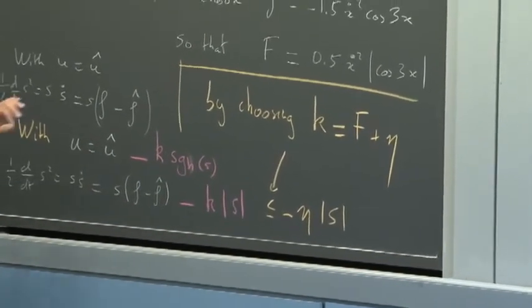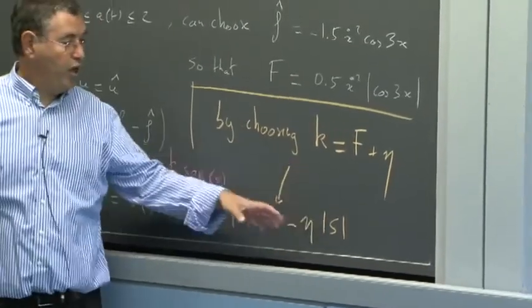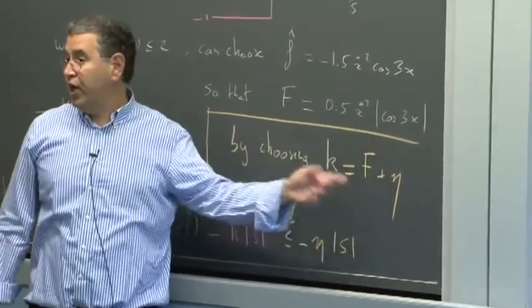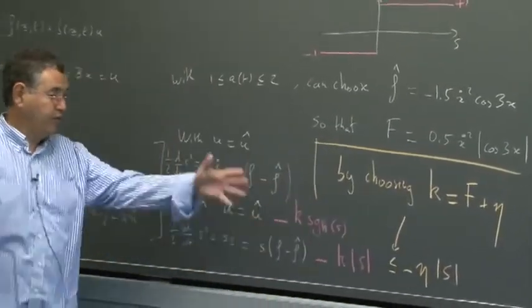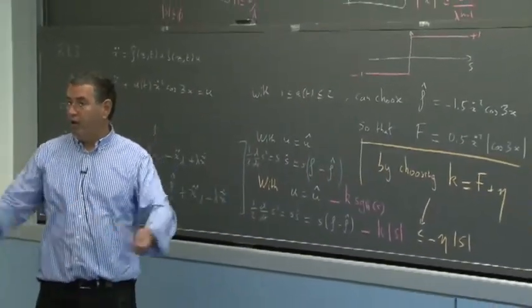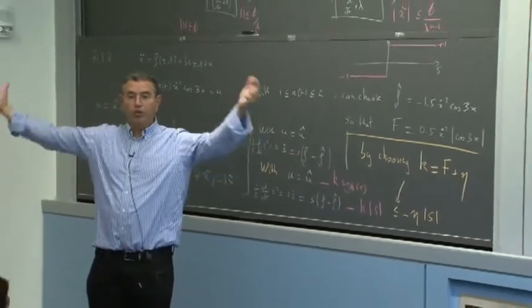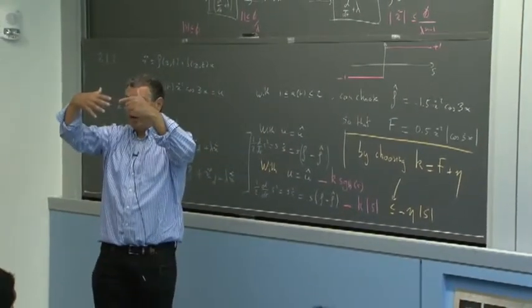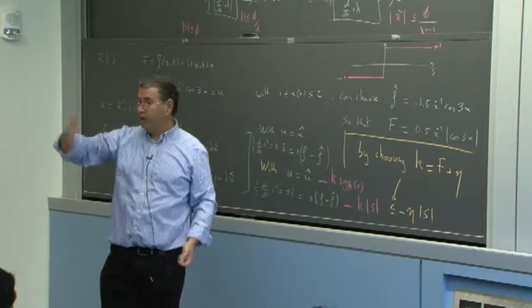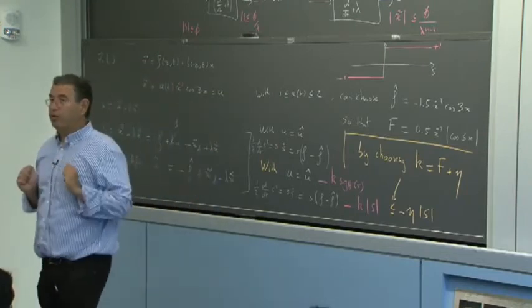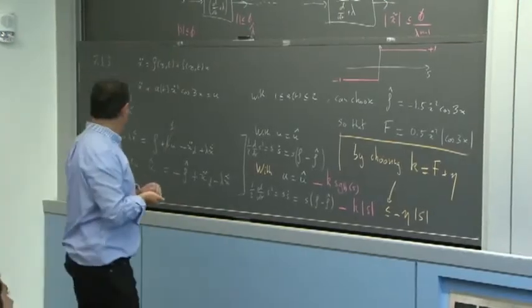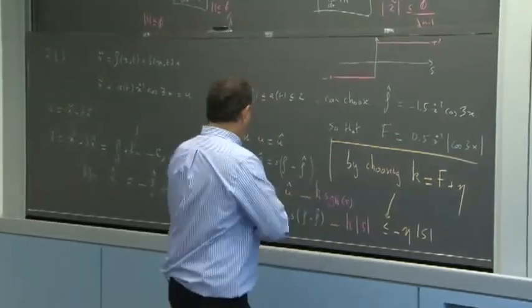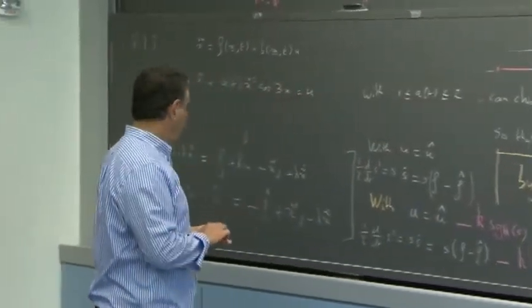By choosing k equal to eta plus whatever uncertainty we have on F, we guarantee that this equation will always be verified, which means that starting anywhere, we reach s equals 0 in finite time and then stay there, meaning that we follow the differential equation defined by s equals 0. All right? So that's what we can do here.